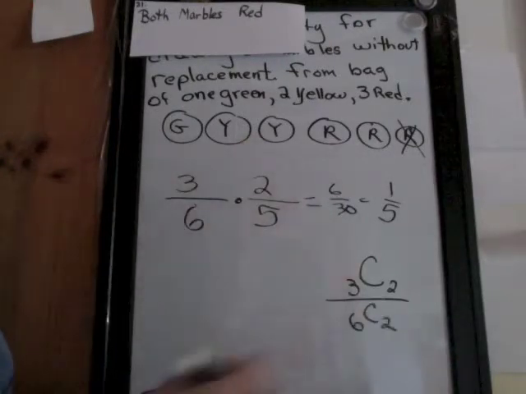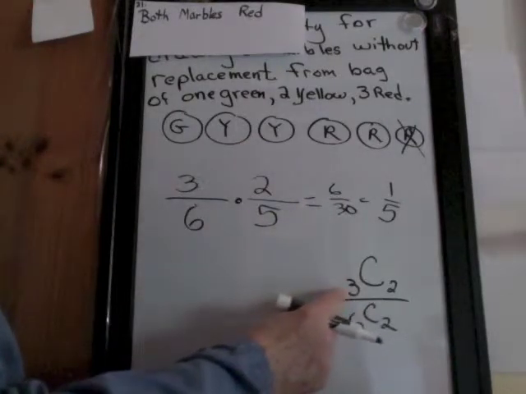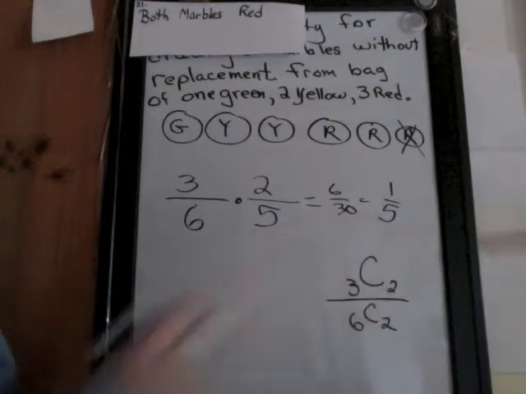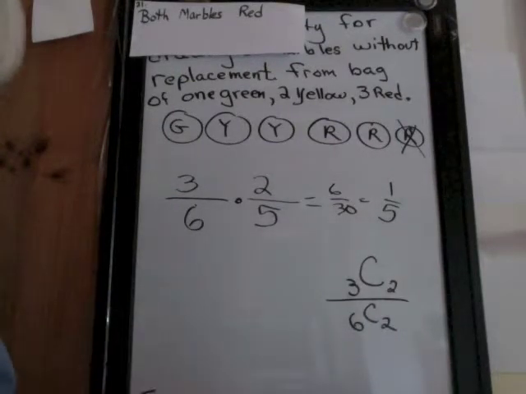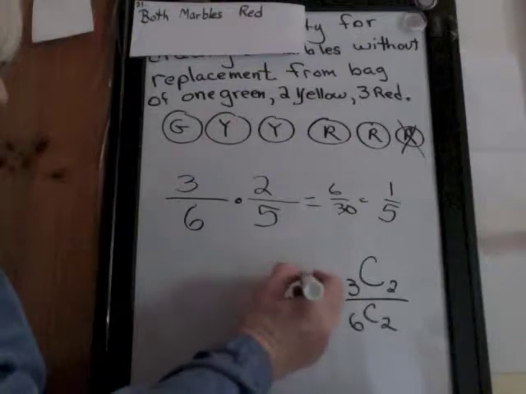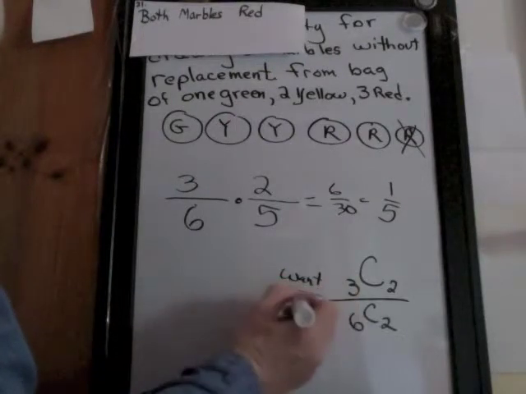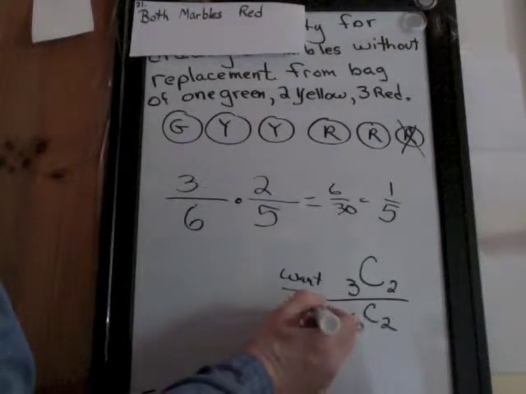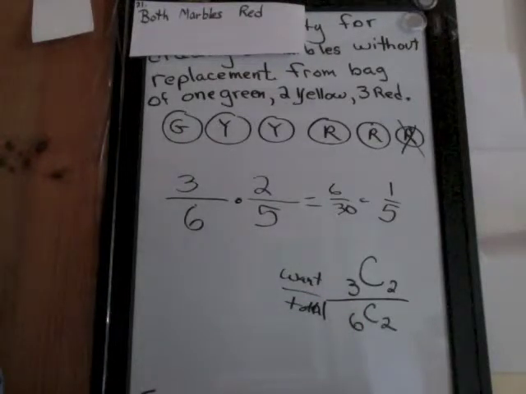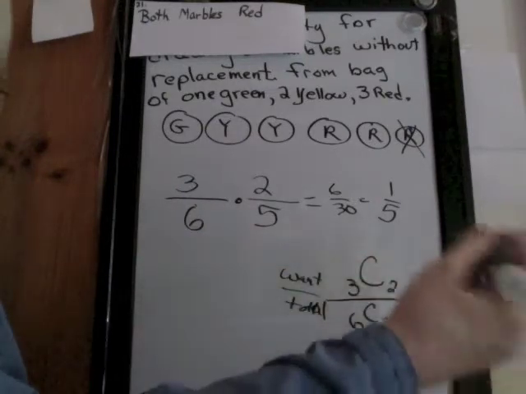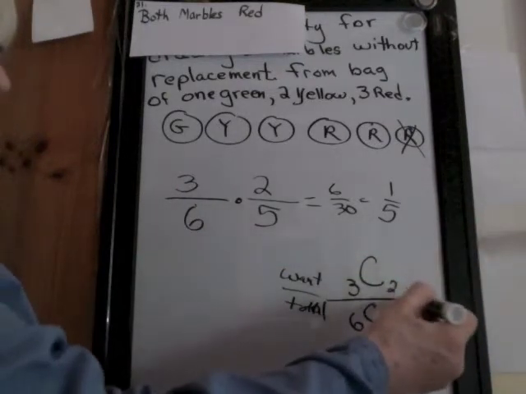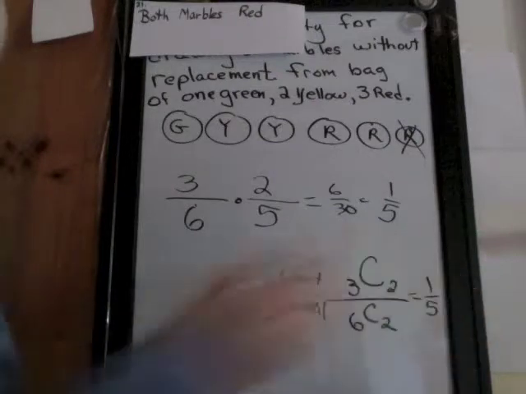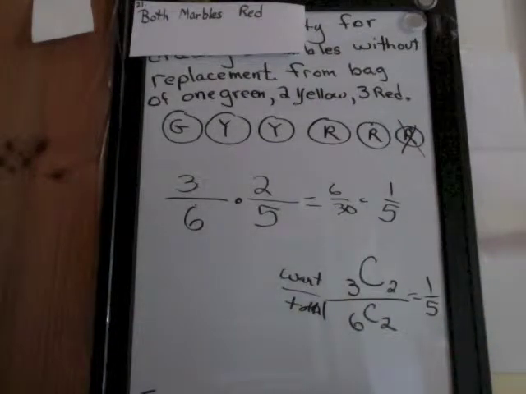The top of the fraction is what I want. There's 3 red marbles, and I'm trying to pick 2 of them. So I kind of think about this as what I want over the total to help me figure this out. But both ways work, and if you try this on your calculator, hopefully you will get 1/5. So use whatever way works best for you.